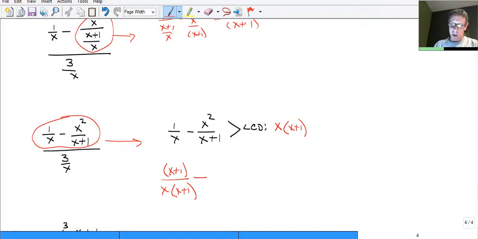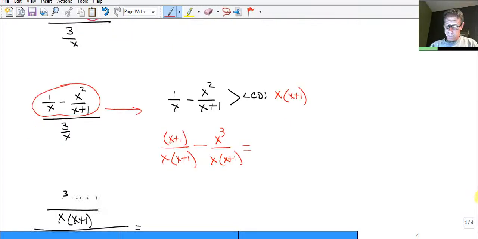Okay, minus. Now let's convert this term into a new term with this as the denominator. It already has x plus 1, but it's going to need an x. That means the numerator is going to have to multiply by x, giving me x cubed. And the denominator is going to have to multiply x by x, giving me x over x plus 1. Okay, so let's go ahead and work on that.